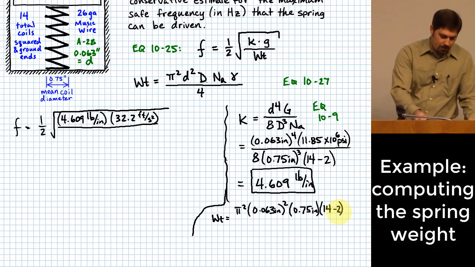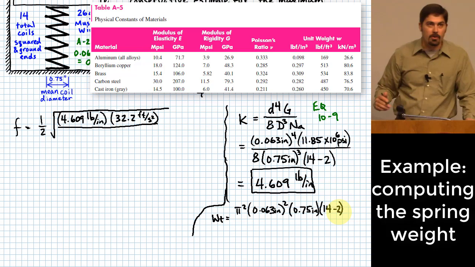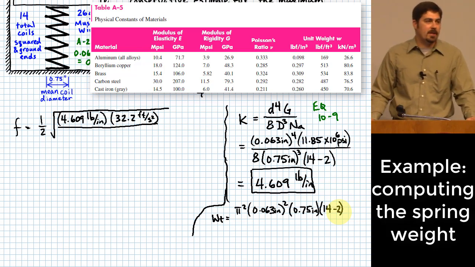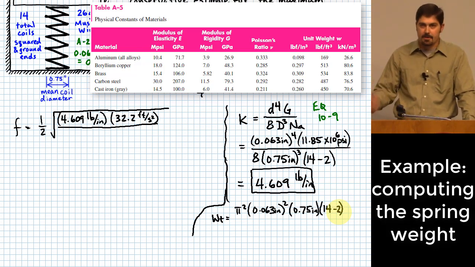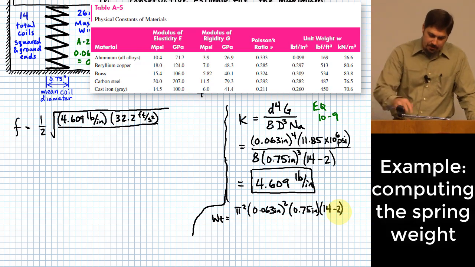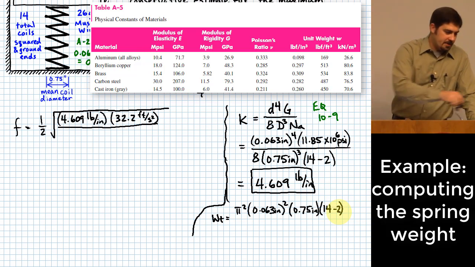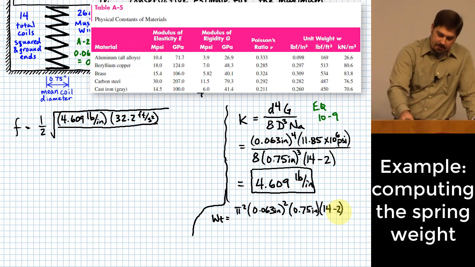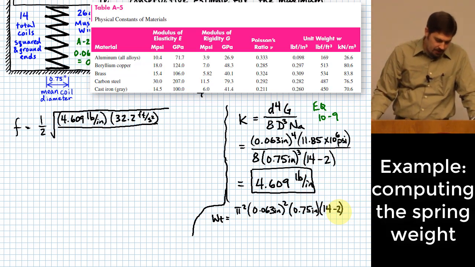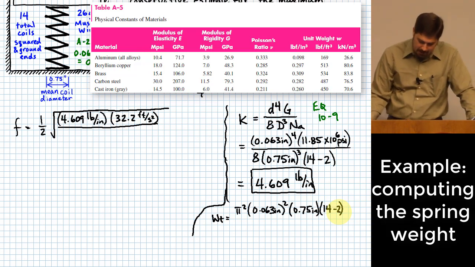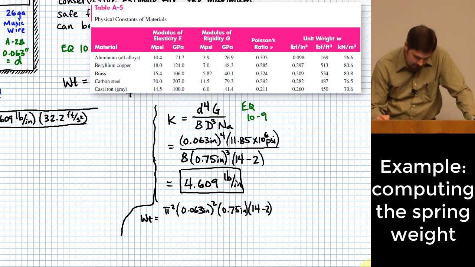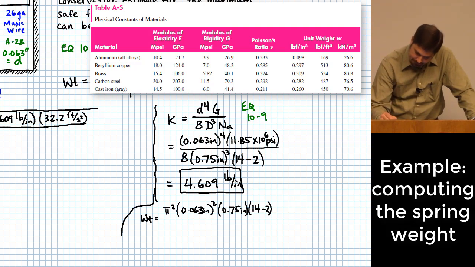Okay, there is a table. It's actually in the same table where you find elastic information for most materials. Music wire is basically a steel, and so we're just going to look under carbon steel and get 0.282 pounds per cubic inch. This is table A-5.